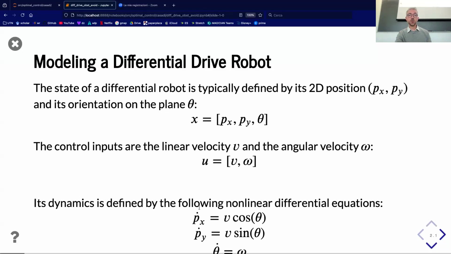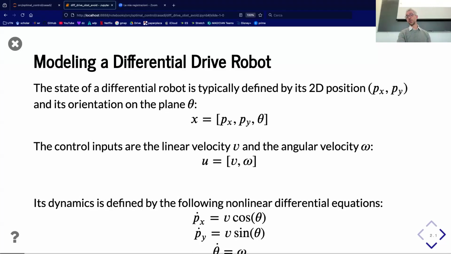Its dynamics is nonlinear, but it's very simple. So the velocity along the x-axis is given by the velocity control input times the cosine of the orientation theta. The velocity in the y direction is given by the velocity control input times the sine of the angle.